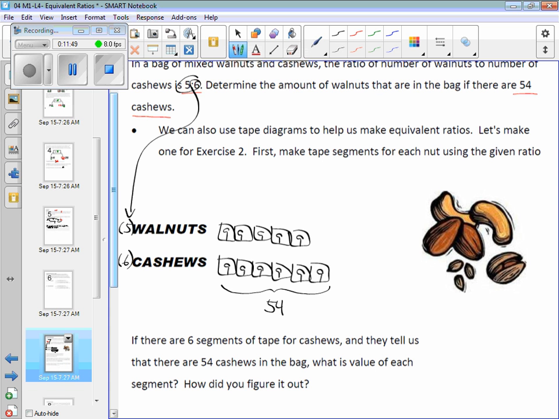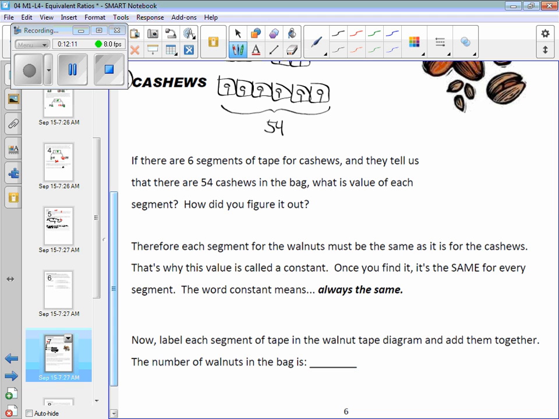How do I now figure out what my total number of walnuts is? Kristen. And what do you get? You can either add 9 plus 9 plus 9 plus 9 plus 9, or 9 times 5, and that gets you 45.